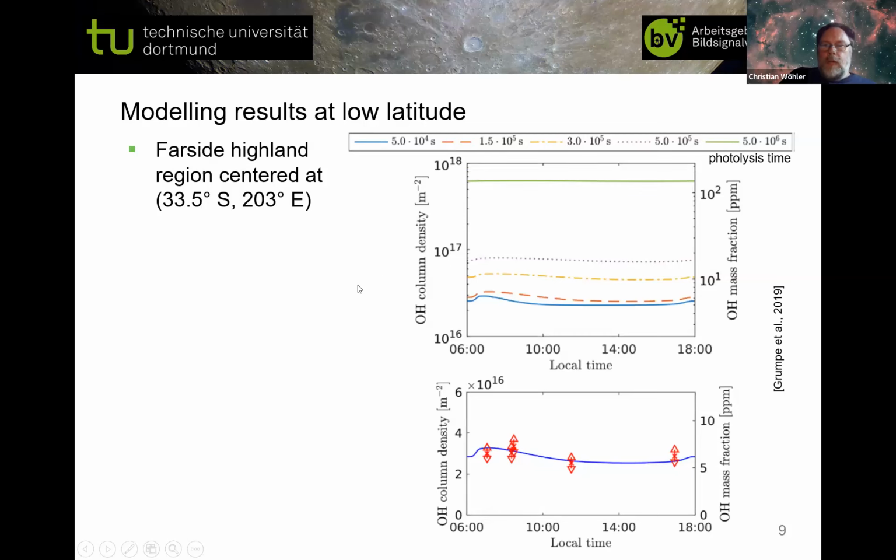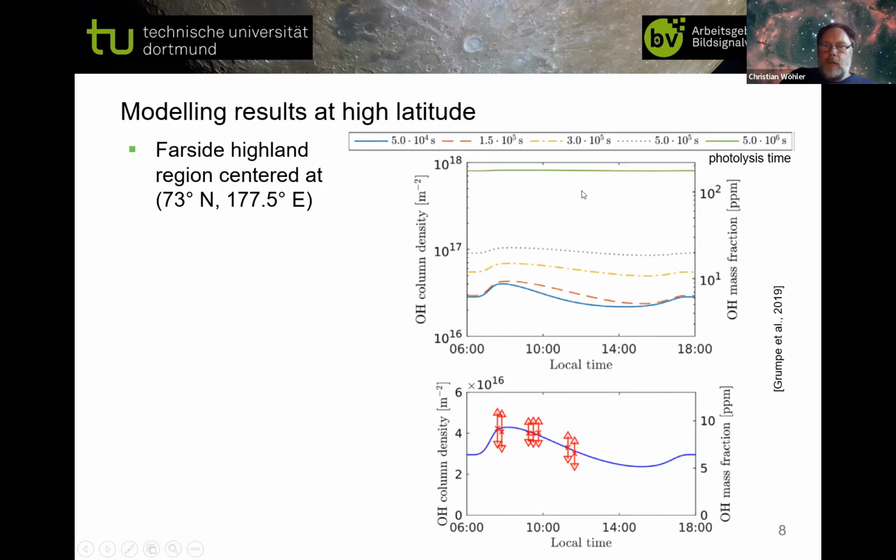This is how it looks. The interesting thing is if we switch off photolysis here, or use a very long photolysis time, so 100 times larger than the gas phase value, we get a high but more or less constant OH column density. So it's the photodissociation which primarily produces, at least at high latitudes, the time of day dependent variations.